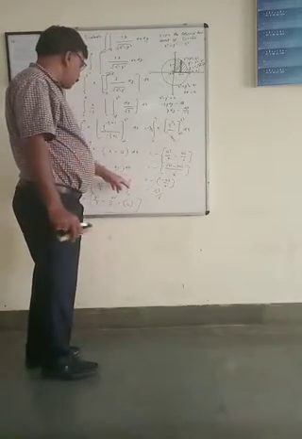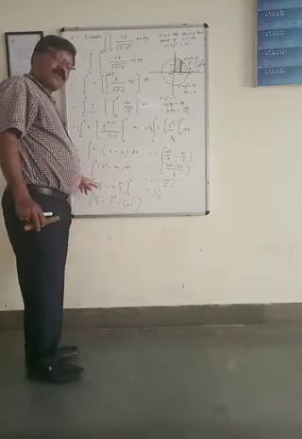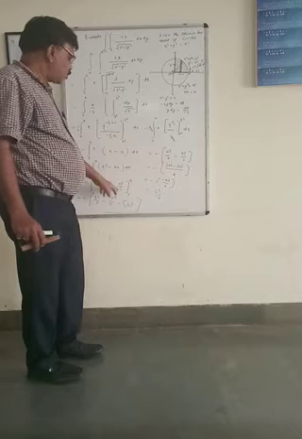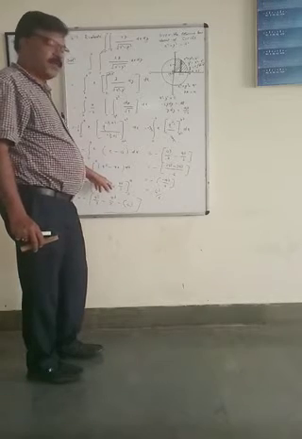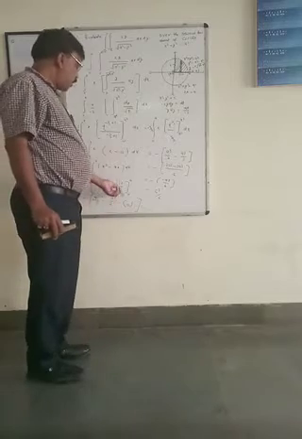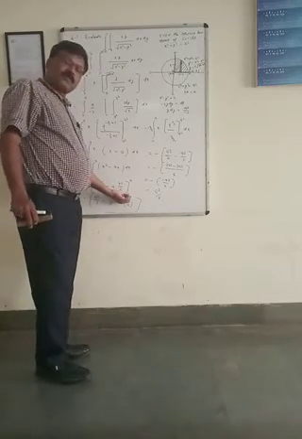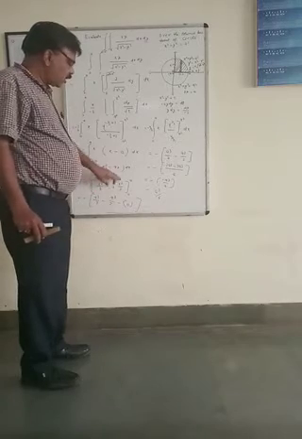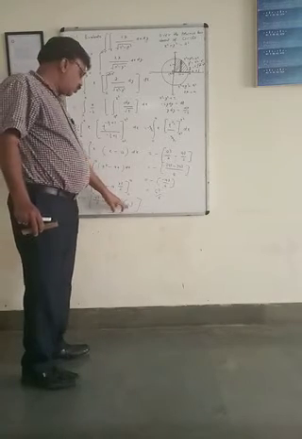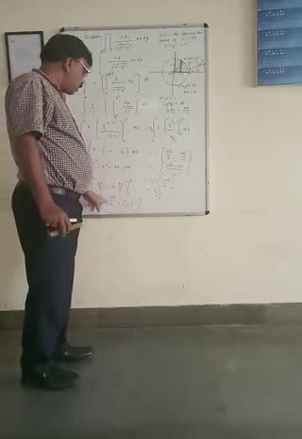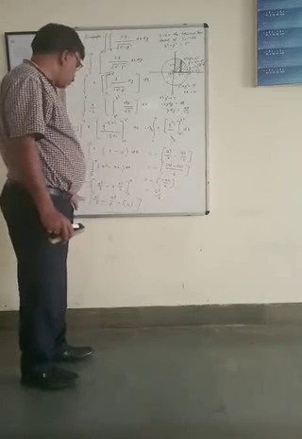So putting the upper limit at the place of x, it gives a cube upon 3 minus a square upon 2, and it is multiplied with a, it gives a cube upon 2. And whenever we put the lower limit at the place of x, both terms will vanish and give 0. Now finally we have a cube upon 3 minus a cube upon 2.